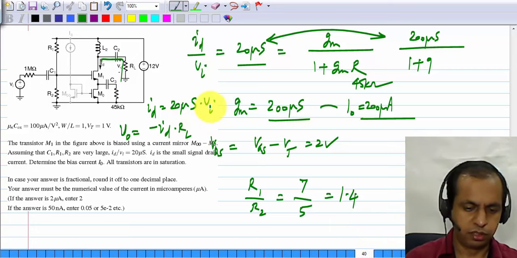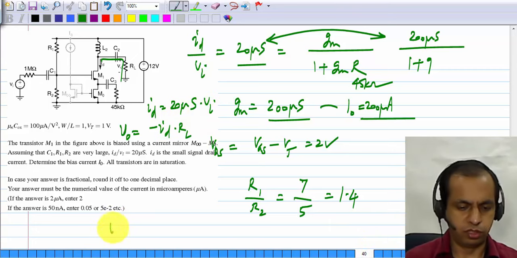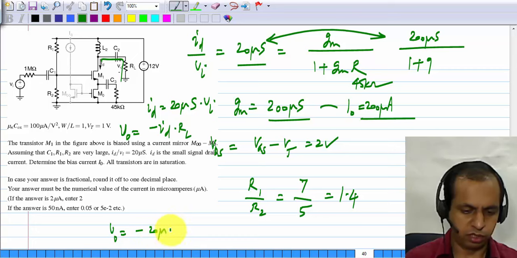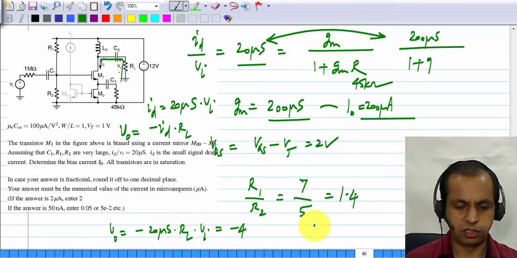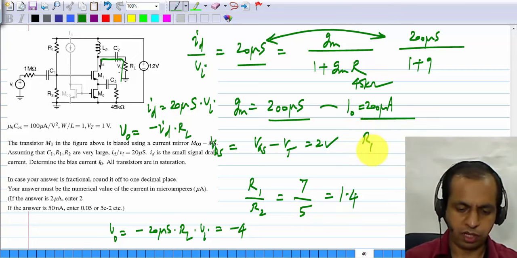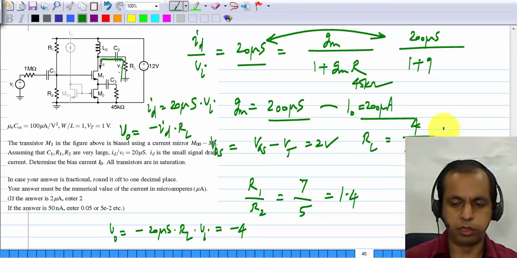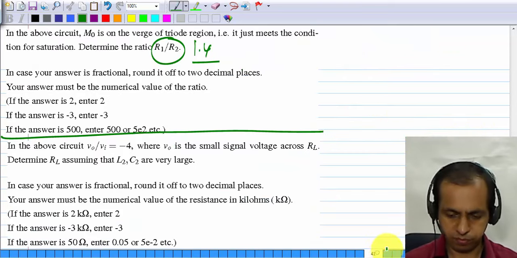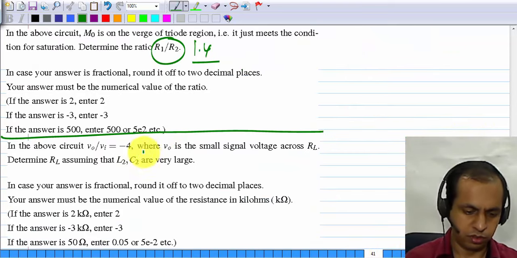So V0, which is minus 20 microsiemens times RL times Vi, this is minus 4. So from this you will get RL to be 4 divided by 20 microsiemens, or 200 kilo ohms. So RL is 200 kilo ohms.